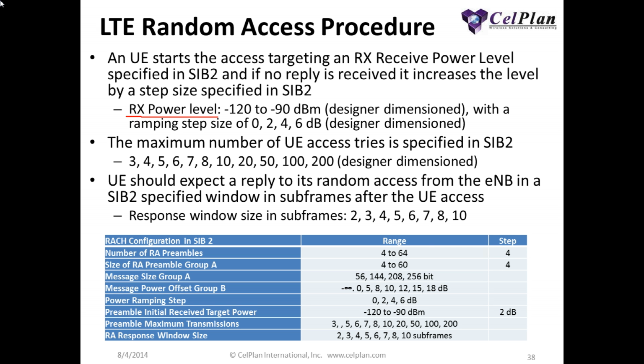So the designer has to choose one of those values. And the UE basically sends the signal and waits for a response. This response will come within a specified window, again set by the designer, that can be 2, 3, 4, 5, 6, 7, 8, or 10 subframes later. Of course, the larger the window, the longer the random access process will take.